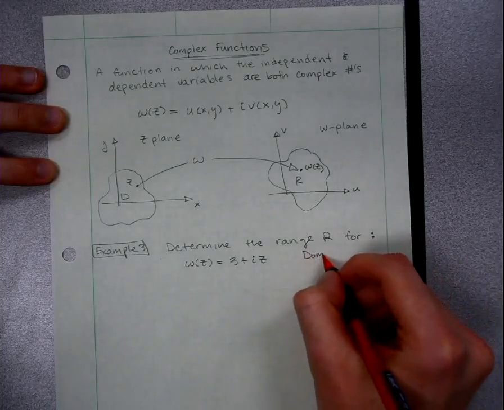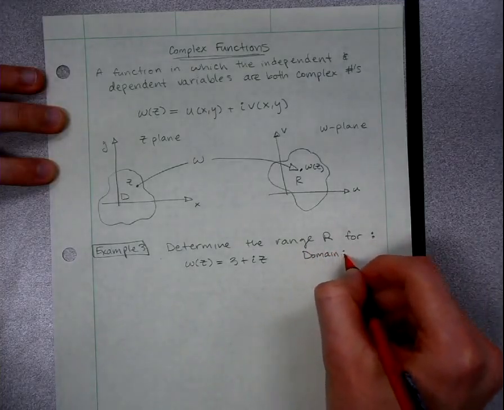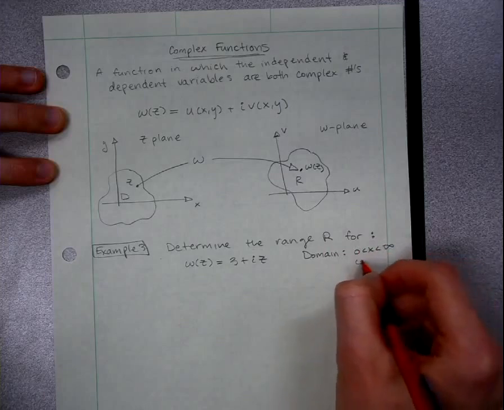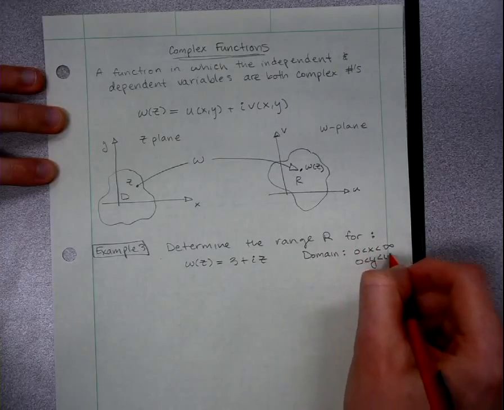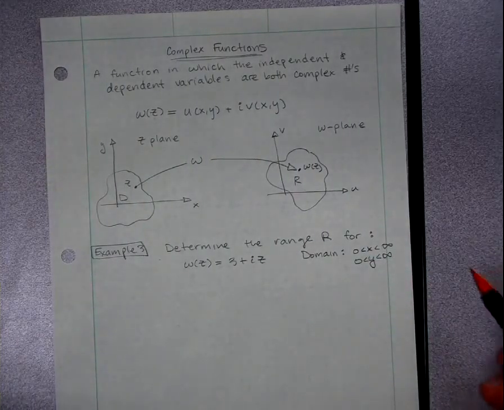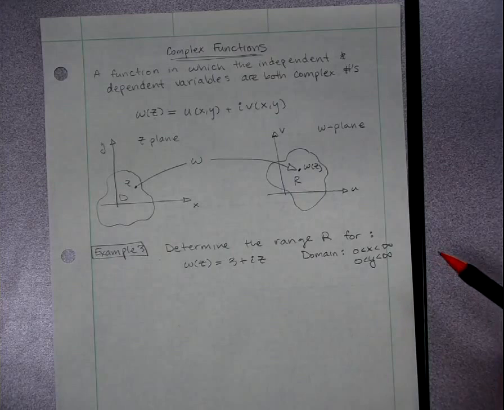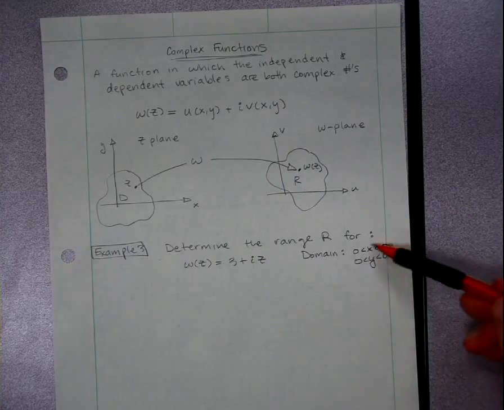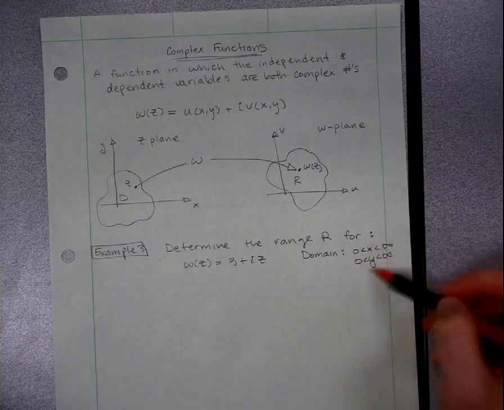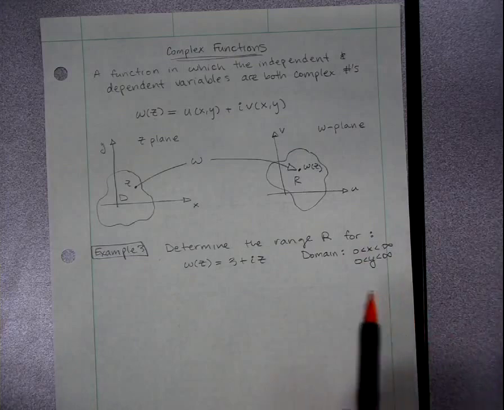The domain is basically the first quadrant in the z-plane. We need to find what the range is.